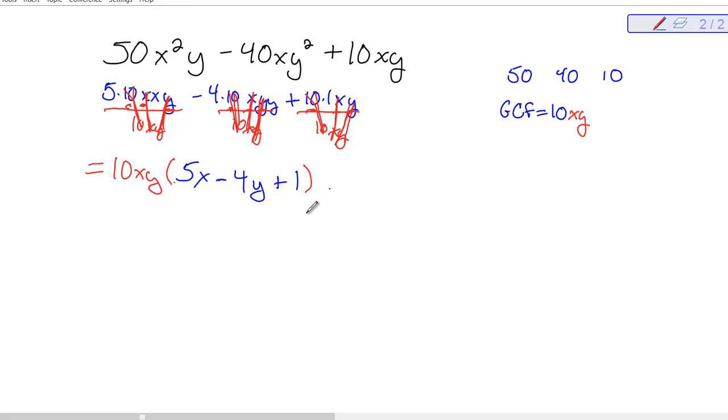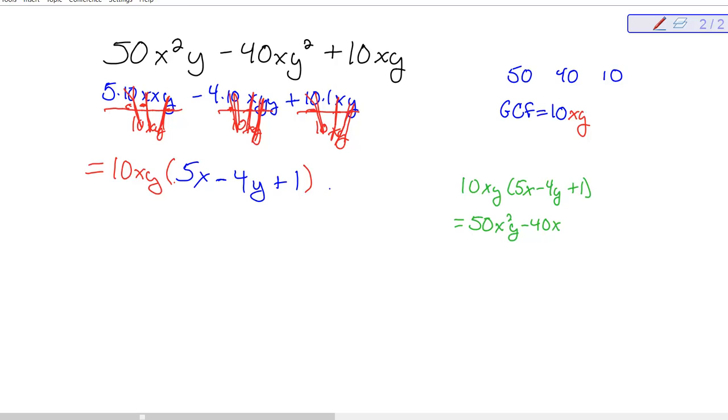So I'm going to come off over to the side and check myself. 10xy times 5x minus 4y plus 1. So that's 10 times 5, which will give me 50. X times x gives me x squared, and I have a y. 10 times a negative 4 gives me a negative 40.